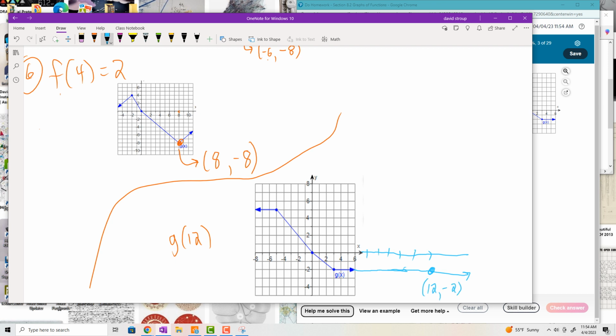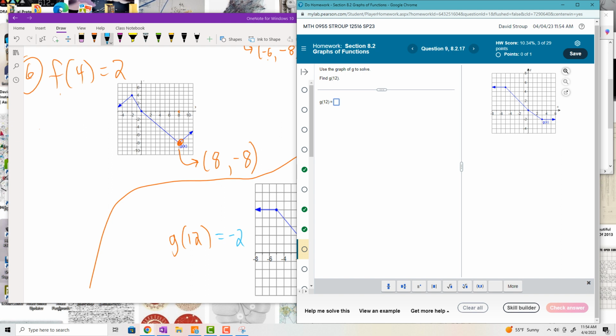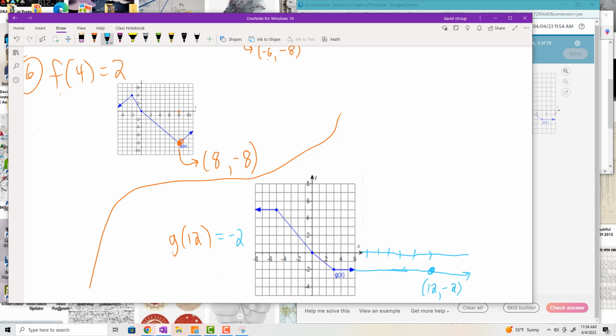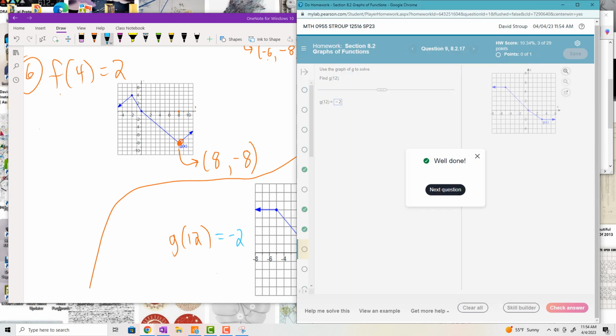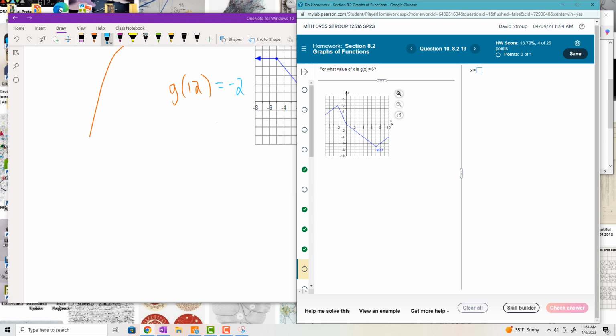Okay, so you have to kind of guess based off of the information given and just do your best there. So I guess it's negative 2, even though I can't see the rest of the graph. That arrow kind of indicates it just goes on and on forever in that direction. Okay, so maybe it's an implied kind of notation.